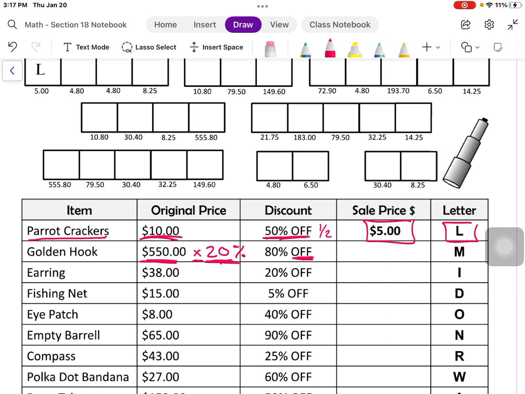Remember, to do 20%, I'll want to change it to my decimal, to punch it in my calculator. So I can take 0.2 times 550. And when I take 550 times 0.2, I end up with $110.